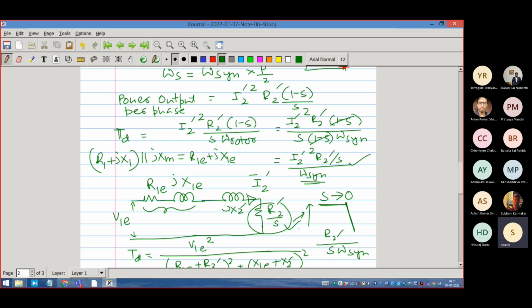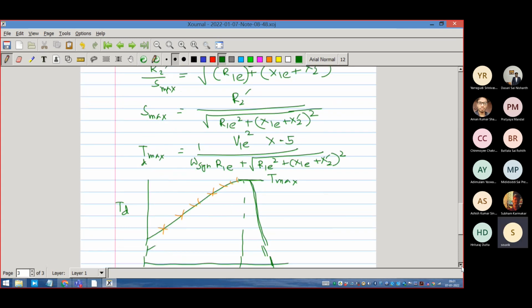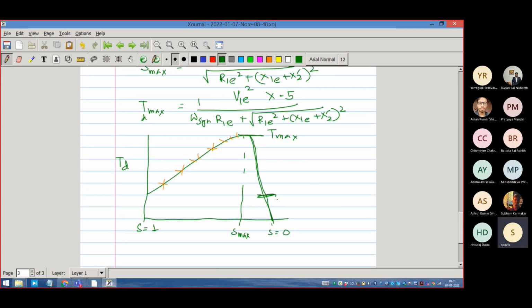Therefore, it is beneficial to operate in this low slip zone. But we cannot afford to operate in the zero slip zone, because zero slip implies, as per these characteristics, that the torque is equal to 0.